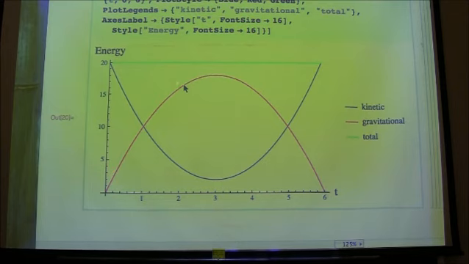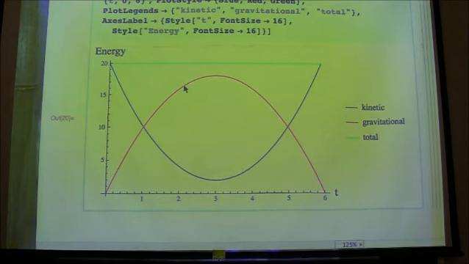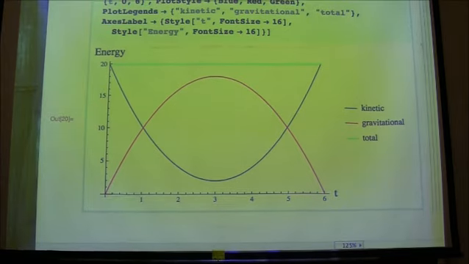And of course, when it's at its highest point, it will have the maximum gravitational energy. But some of them are conserved. So there's this interchange between gravitational potential and kinetic energy. And Newton would say that's a conspiracy of forces. Noether would say it's a symmetry.